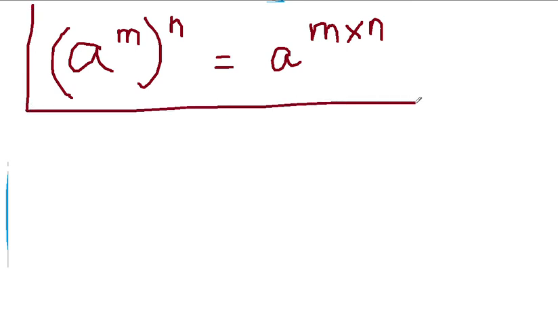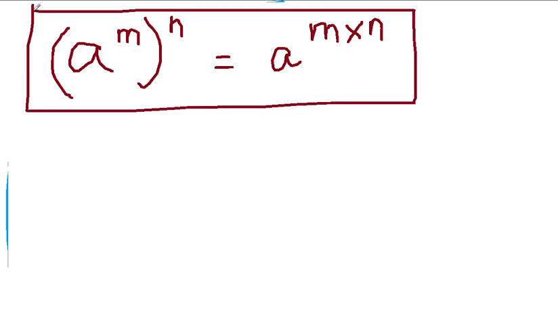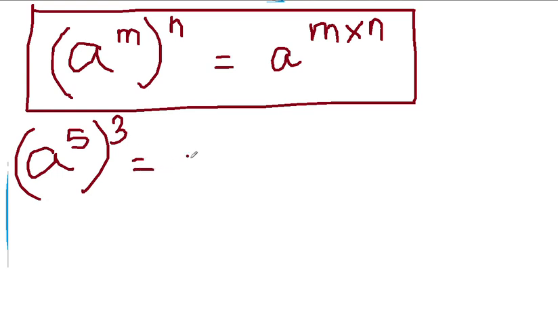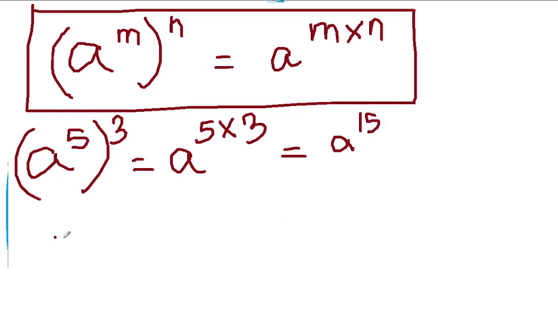Okay, so this is the formula. I'm putting it inside a box for you to write it down. Let's take an example. A to the power of 5 whole cubed. That shall be a to the power of 5 times 3. So my final answer would be a to the power of 15.